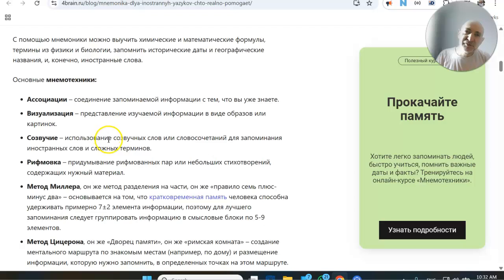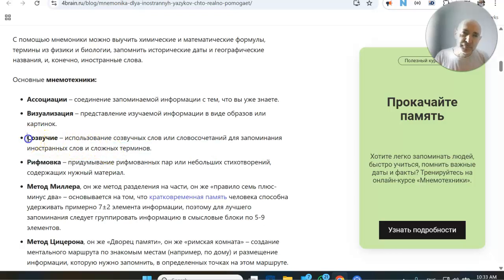And созвучных, that's an adjective here, depicting the word слов. So созвучных слов means the words that sound similarly. And использование means use, the use of. Now, you will get how it all combines together, but словосочетаний comes from словосочетание, meaning phrases. And сложных means complicated.